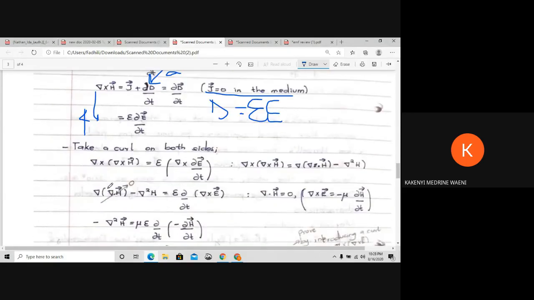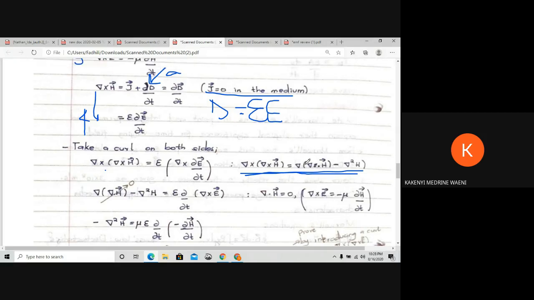So we'll take a curl on both sides. So the curl of H is equal to epsilon and this part. And remember this.